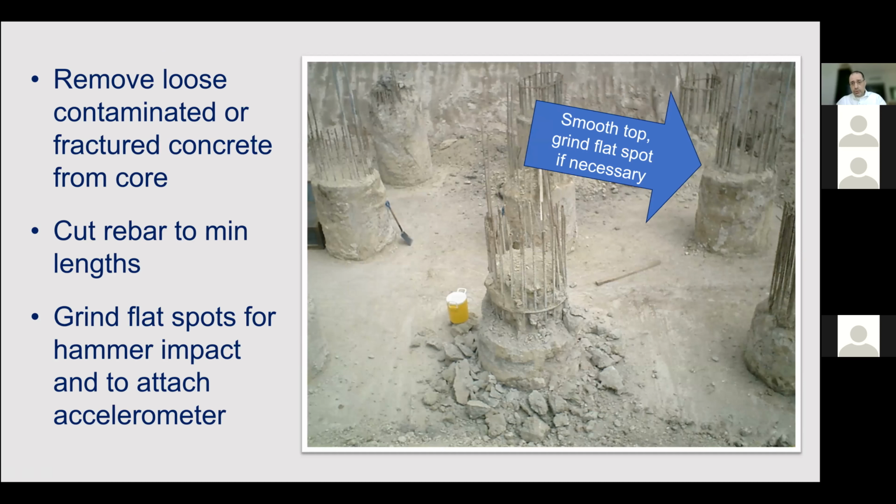So you need to have a good smooth surface against which you put your input pulse with the hammer, and also a location in which you can put your accelerometer to record the impulse and the reflection from the pile top. Sometimes if you have very long steel rebars sticking out and there's no structural need later on, maybe you need to trim them to a minimum. And you can grind flat spots to receive the impact of the hammer and the accelerometer.